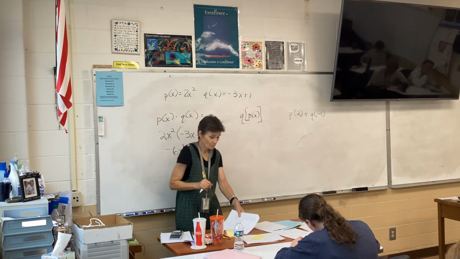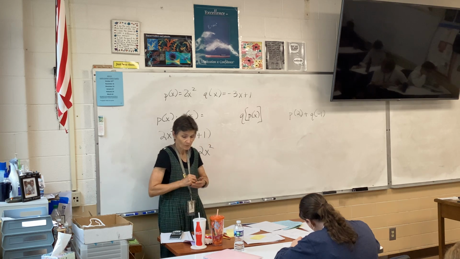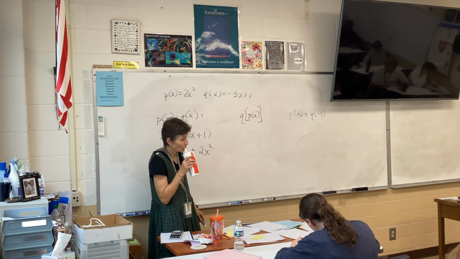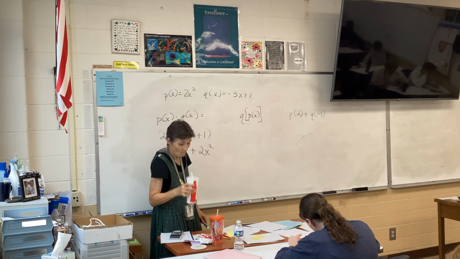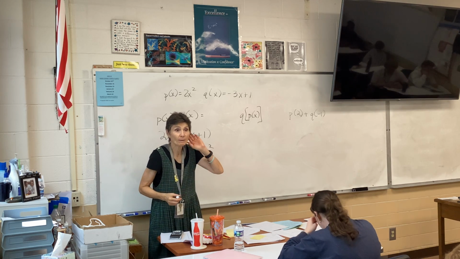All right, what's the next one mean? It's a little bit different. What does it mean? Put X in the P and then fill that in the Q. Couldn't hear you, what?